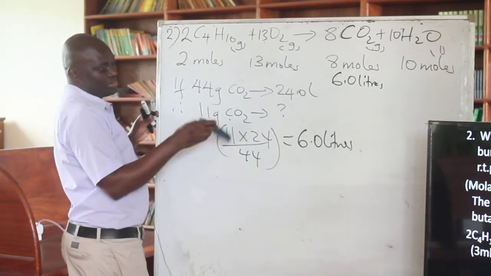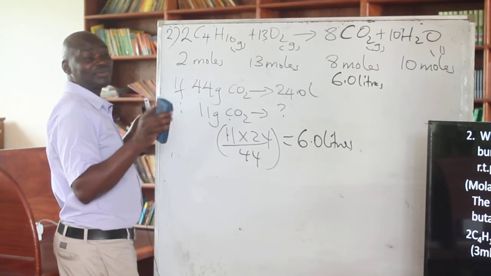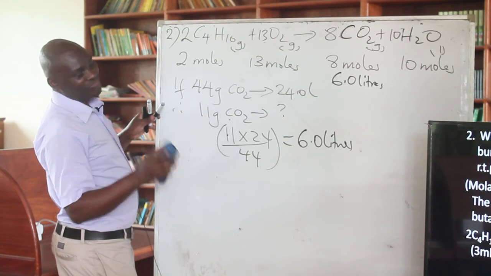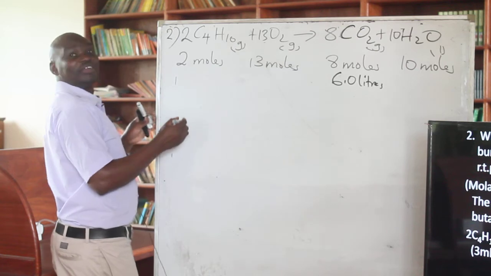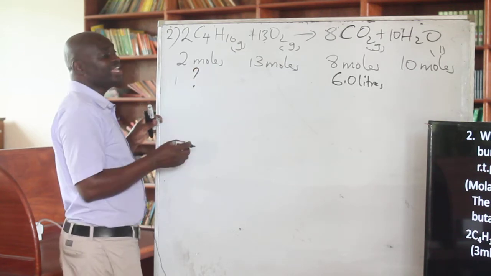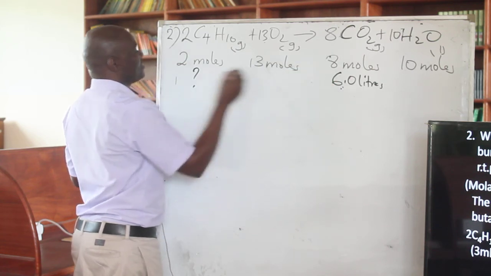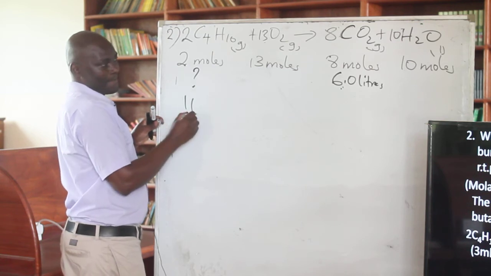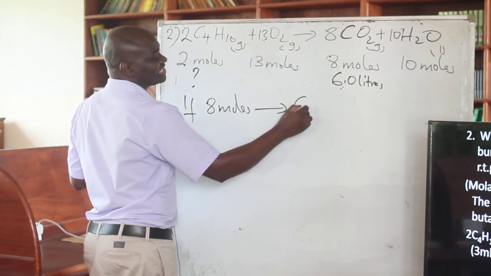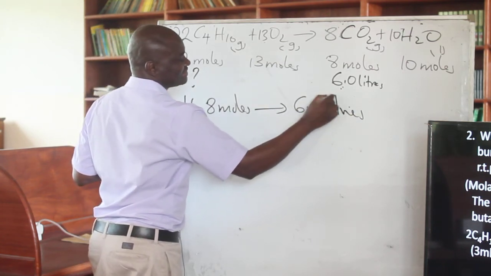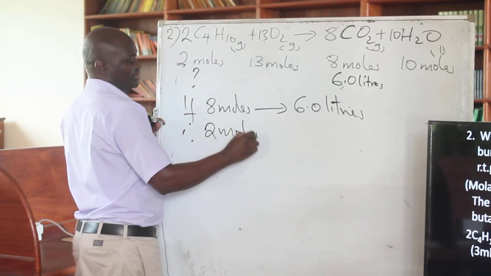Now, after knowing that the volume of CO2 formed is 6 liters, we are now going to calculate the volume of butane. In calculating the volume of butane, we are going to have it this way. If 8 moles represent 6.0 liters, what about 2 moles?